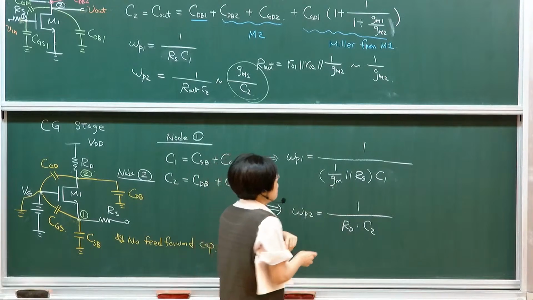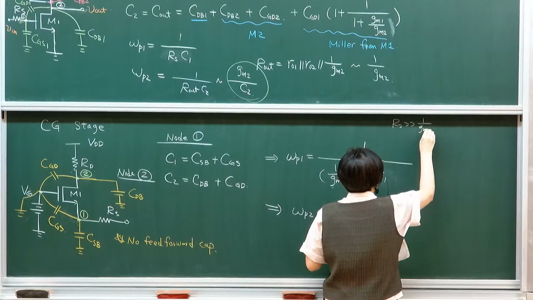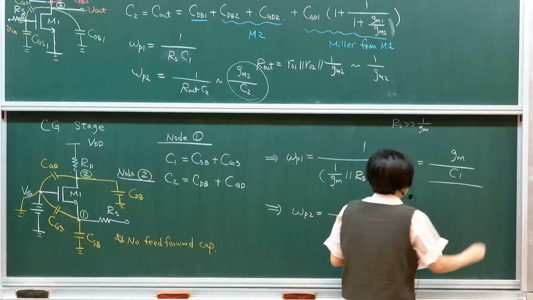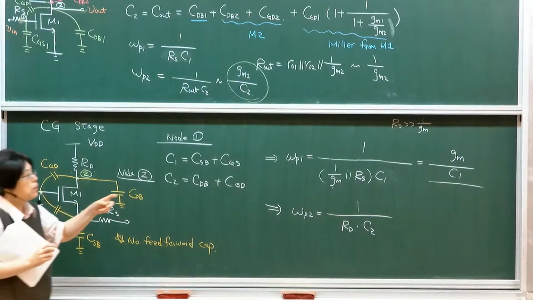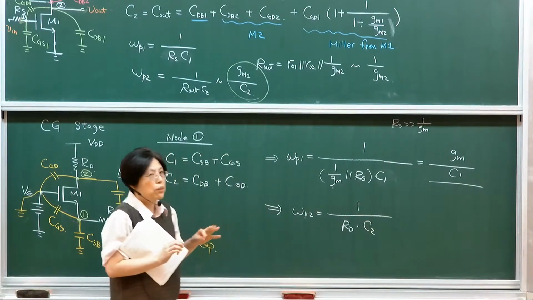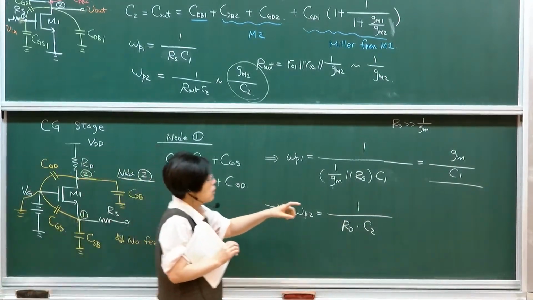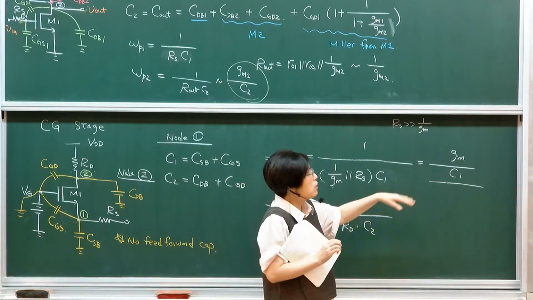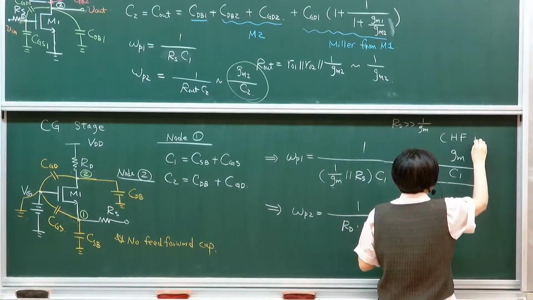Let's say RS is larger than 1 over GM. Remember, anytime you see a pole like this, if you go back to look at our transient frequency, it is GM and parasitic capacitance. So this is already approaching your limit. This is typically viewed as a high frequency pole.